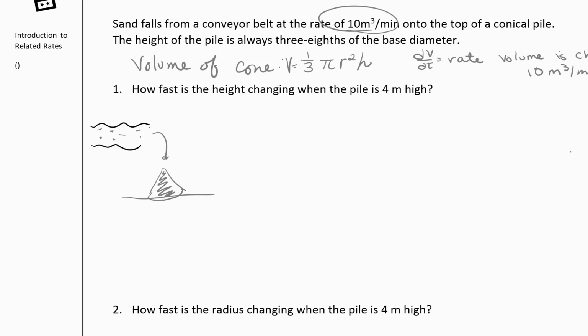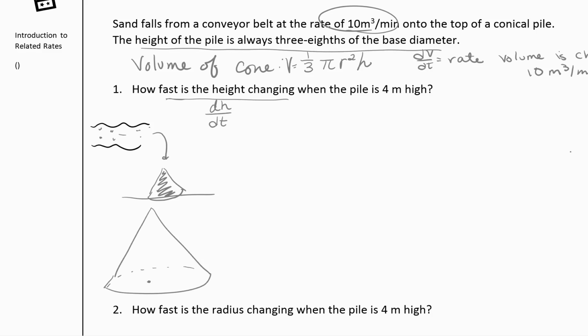Now what we're looking for in this first part is how fast the height is changing, so we're looking for dH dt. We're also told that the height, h, is always 3/8 of the base diameter. So if we think of a cone, we've got this base which has a diameter, which would be 2 times the radius.